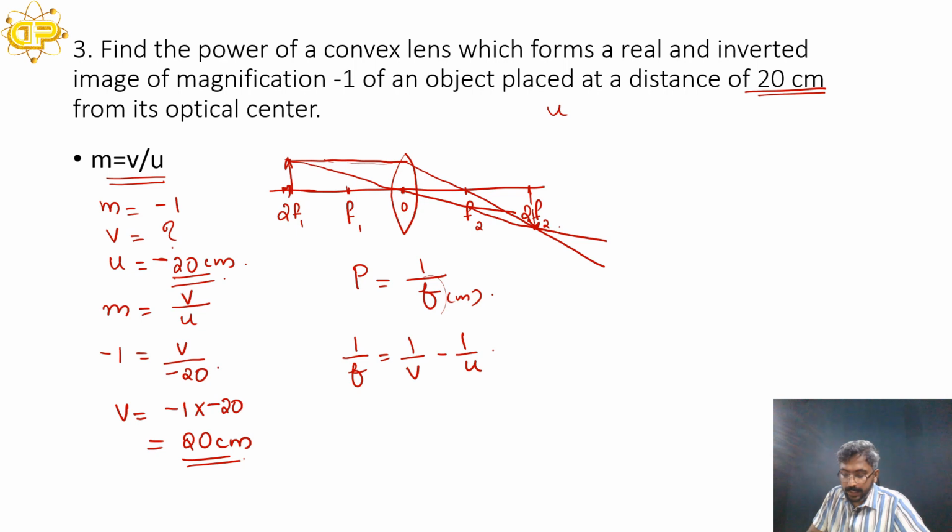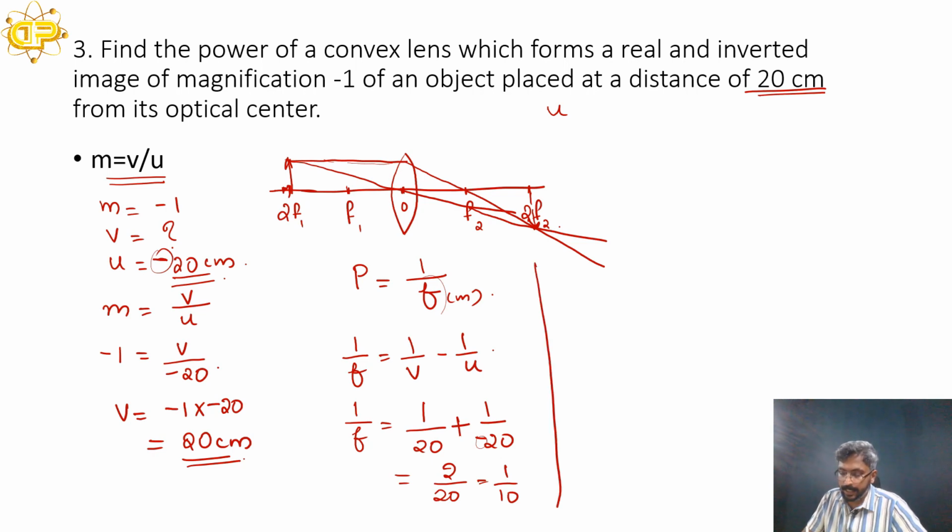So 1 by f is equal to 1 by 20 minus 1 by -20. So 1 by f is equal to 1 by 10. From there f is equal to 10 centimeter, and this will be positive because you are getting a positive f. So f is plus 10 centimeter.